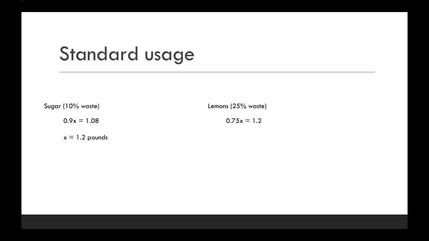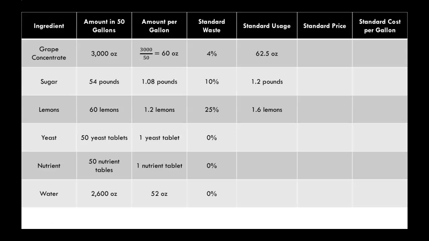Lemons, 25% waste, so we're all the way down now to 0.75x equals 1.2. Tells us that we need 1.6 lemons when we divide each side by 0.75. So we can plug those in as our standard usage into this table. Now for the yeast tablets, nutrient tablets, and the water, there's no waste, so it's the same for standard usage as it was for the amount per gallon.